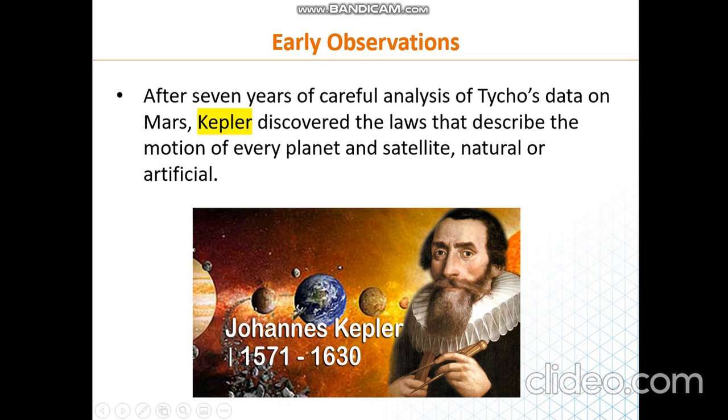The measurements and the data provided by Tycho were analyzed by a very famous scientist called Kepler. Kepler discovered the three laws that we will study today that describe the motion of every planet and satellite, whether natural or artificial, in space.